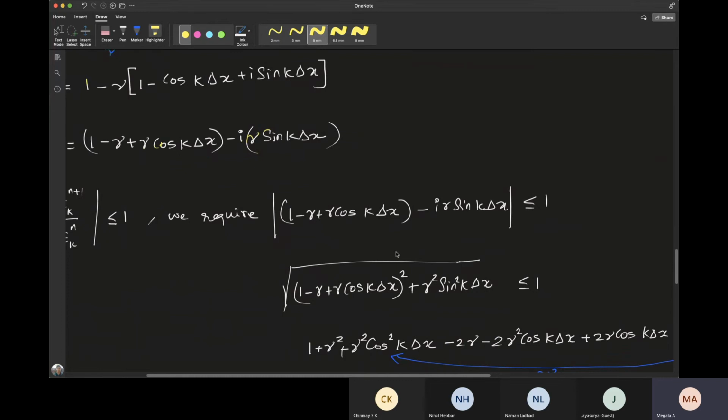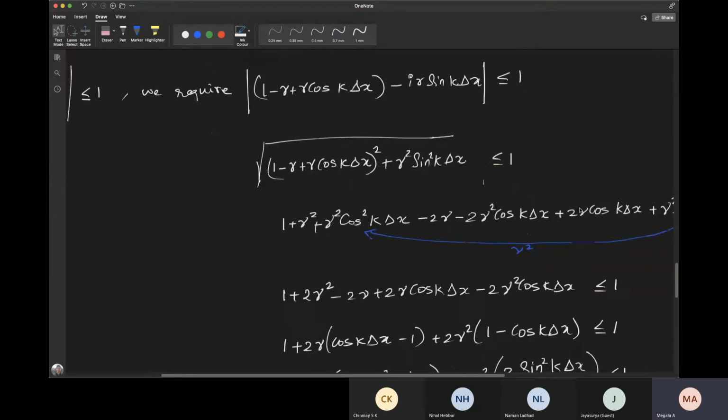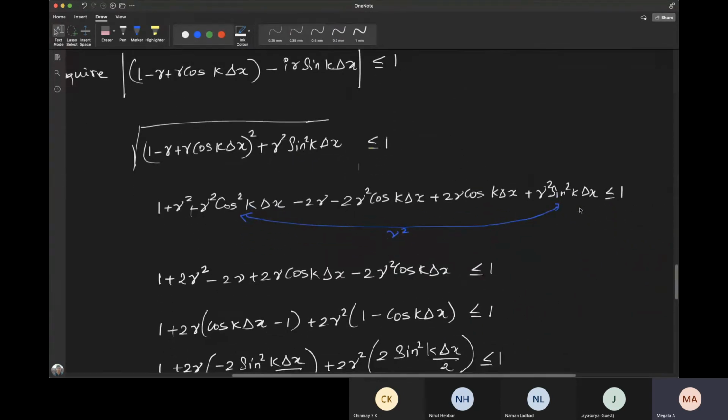So this is going to be the square root of the sum of the squares of the real and imaginary parts separately, and that must be less than or equal to 1. Now when we expand this term out, we'll get something like this.